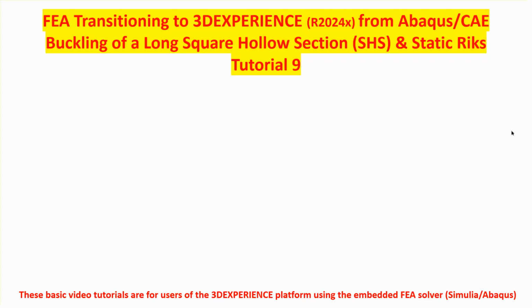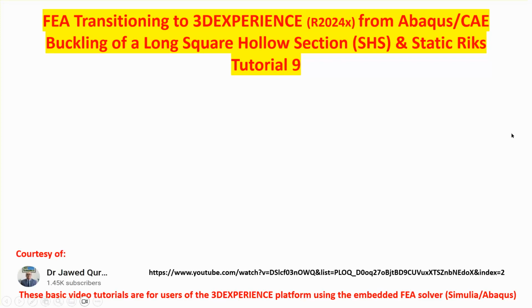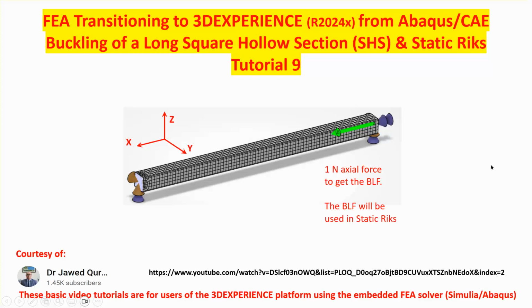All right, so the problem that I'm going to be doing is taken out of the website of this professor in England, and he is looking at a long hollow section where the cross section is actually a square.